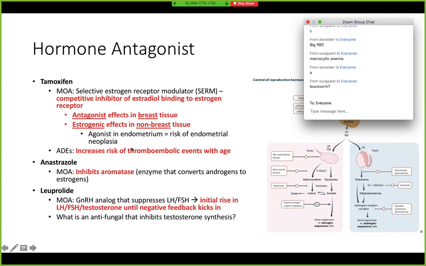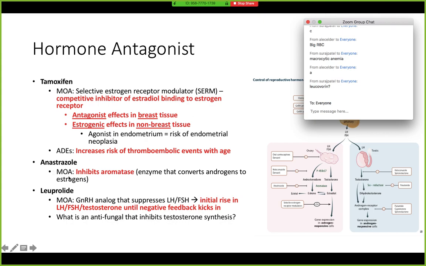So your most board relevant point is that a patient who has been on tamoxifen for breast cancer treatment is going to be at risk for endometrial cancer due to these estrogenic effects in non-breast tissue. And then also with tamoxifen, you can see an increased risk of thromboembolic events with age.